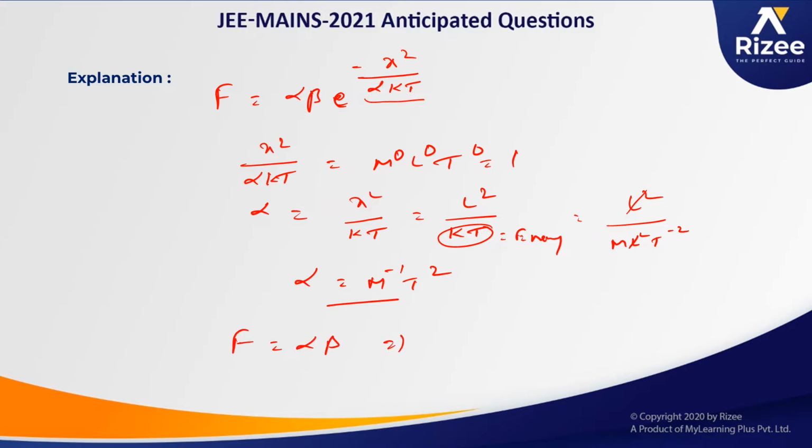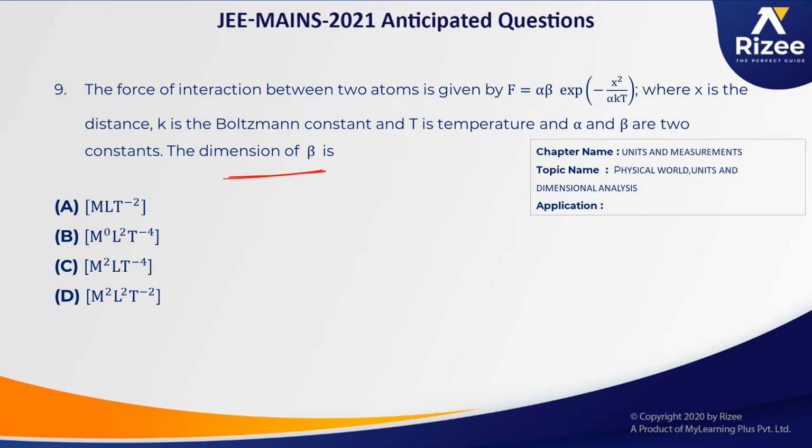The dimensional formula of force is M L T power minus 2, equal to alpha's dimensional formula M inverse T square into beta. On solving this, you will get beta is equal to M square L T power minus 4. That is your option C.